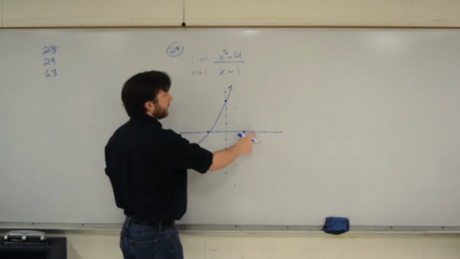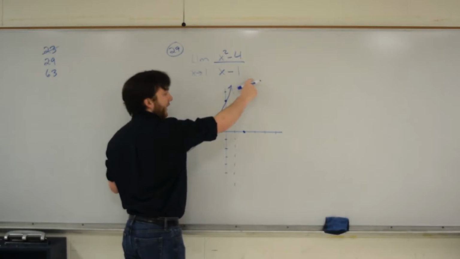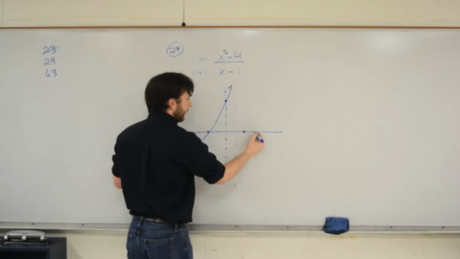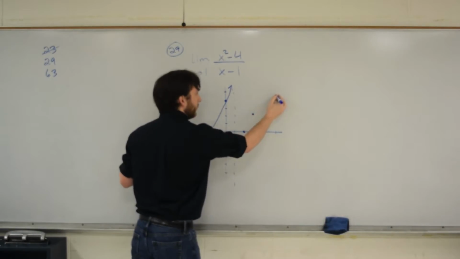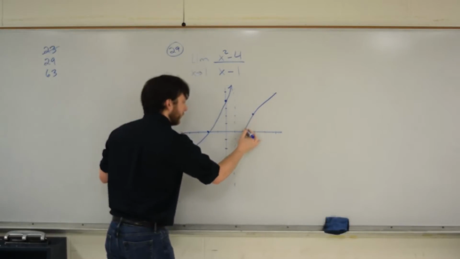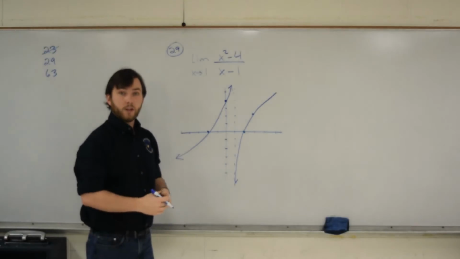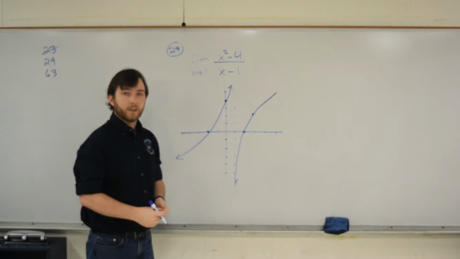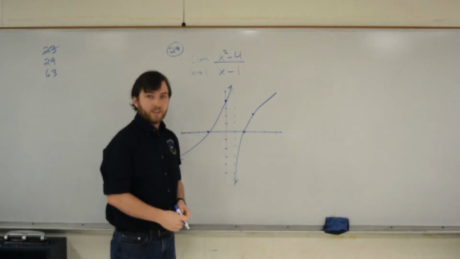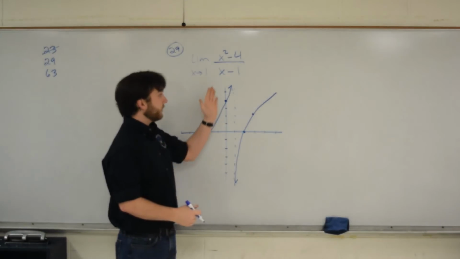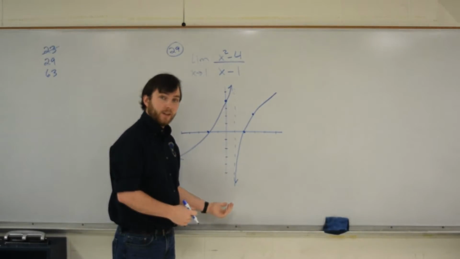Maybe x equals 3. So that'd be 5 halves. So at 3, we're up at 2.5. So the graph should look like that. Confirm it with your graphing calculator, but this shows that the limit as x approaches 1 does not exist, because the limit from the left side goes to infinity, and the limit from the right side goes to negative infinity.